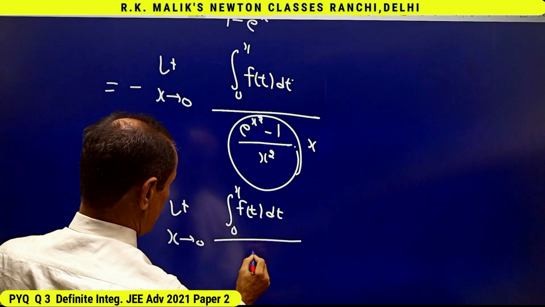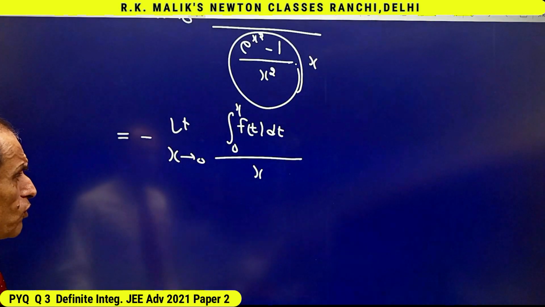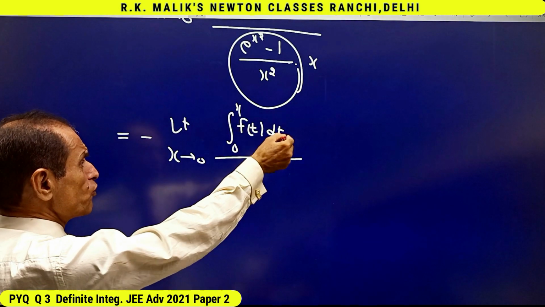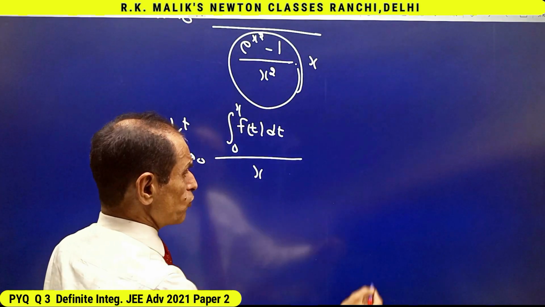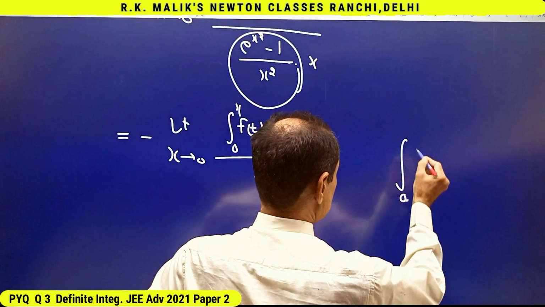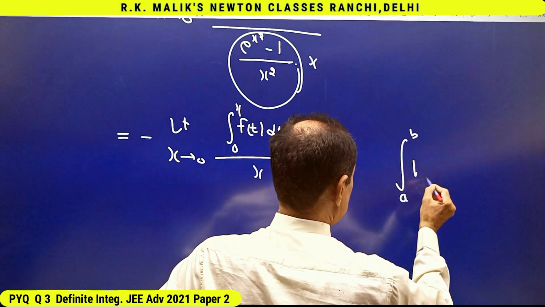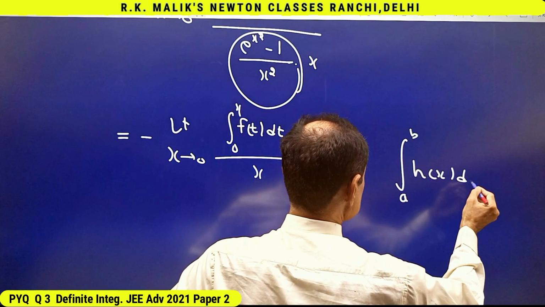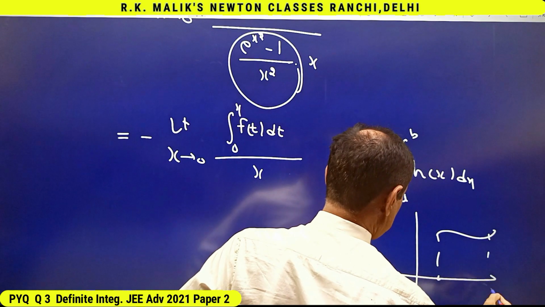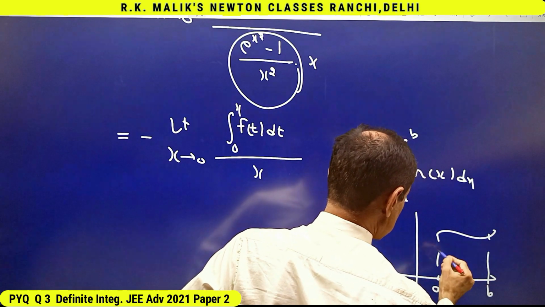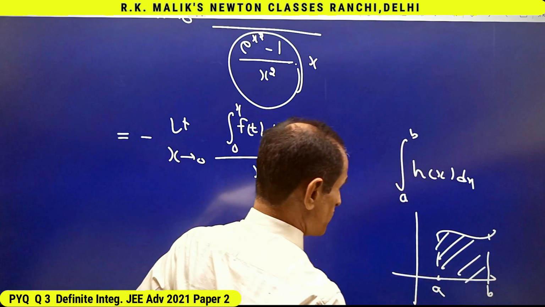of f(t) dt upon x. Note that the limit of the numerator is sure to be 0, because as you know that for any function h(x), the integral from a to b represents the area under the curve within the limits a to b.